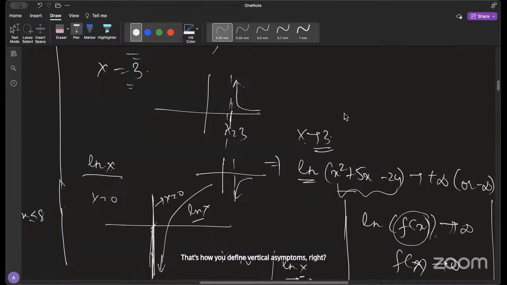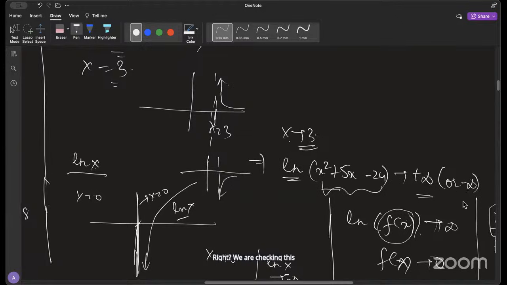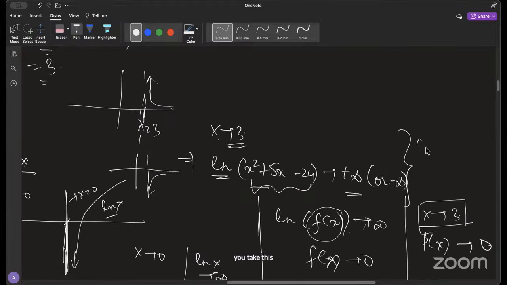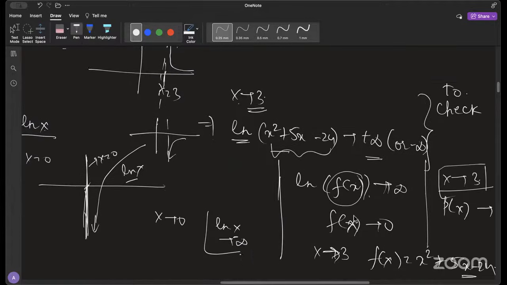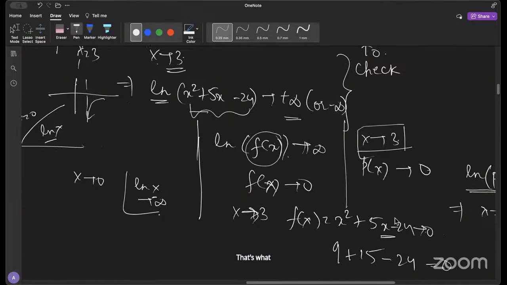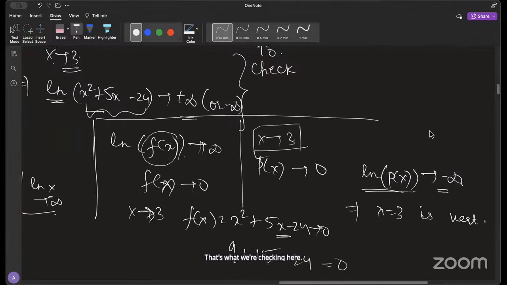If your x tends to a, and then your f(x) tends to infinity or minus infinity, then you say that x equals a is a vertical asymptote of f(x), right? So we are checking this thing, if this is true or not. That's what we're checking here. This entire thing.